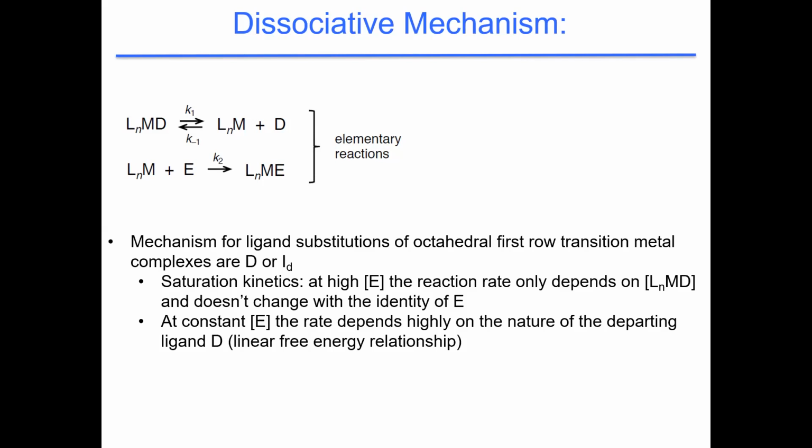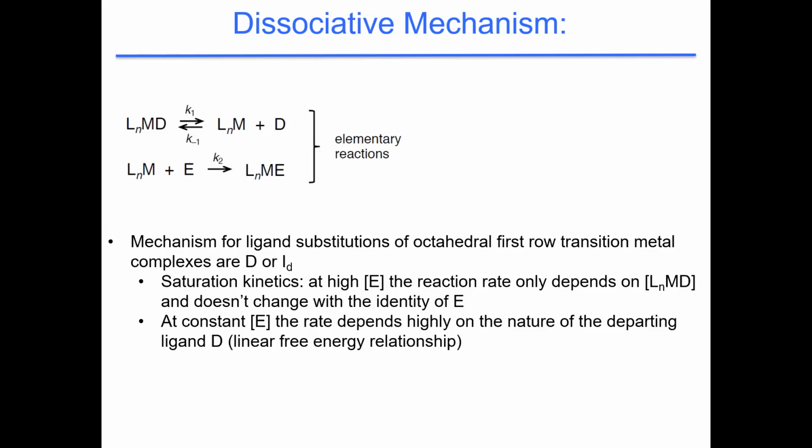dissociative, you have to observe saturation kinetics. So this means that at high concentrations of the entering ligand, the reaction rate only depends on the concentration of your starting complex, and it doesn't change with the identity of the entering ligand.